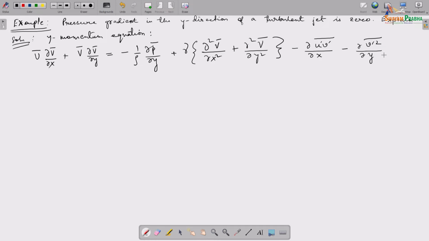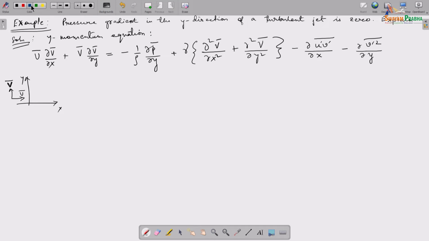So that's the y momentum equation, and as you can see, we are taking derivatives of the y component of velocity. So when I say y momentum equation, I am essentially looking at a Cartesian coordinate system, isn't it? And the flow is, so this is the velocity. Right?